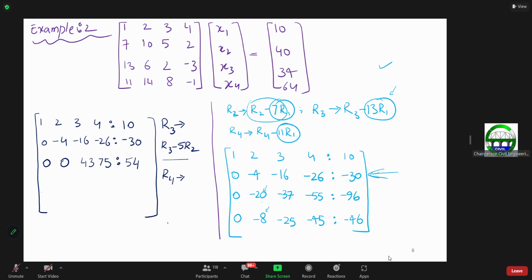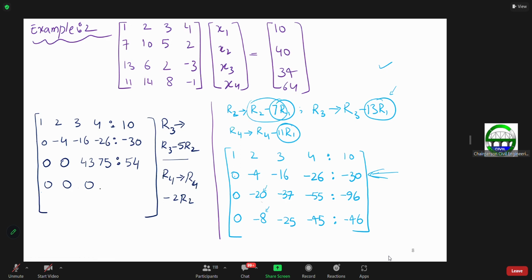R4 is equal to R4 minus 2R2. Great. So it will be 0, it will be 0 as well, right?